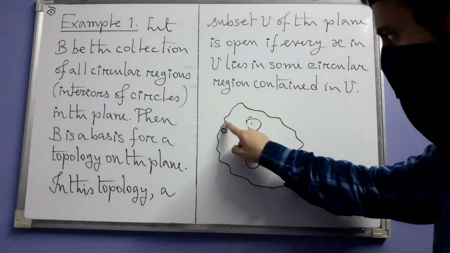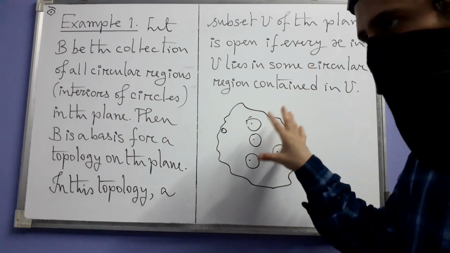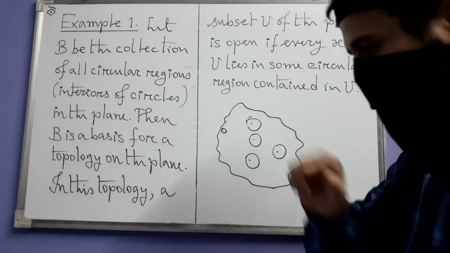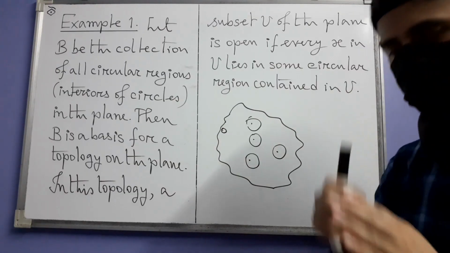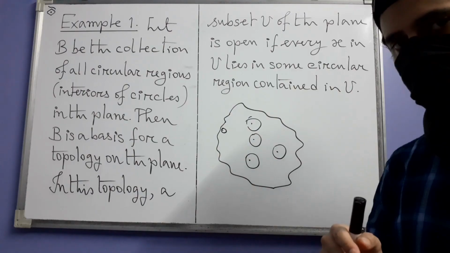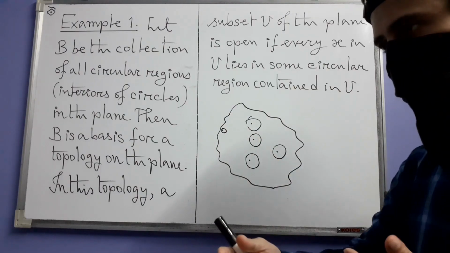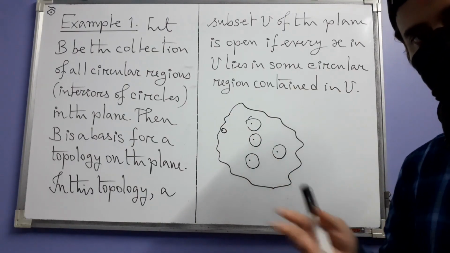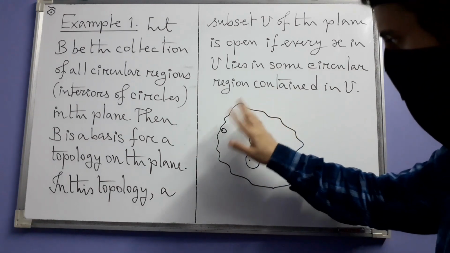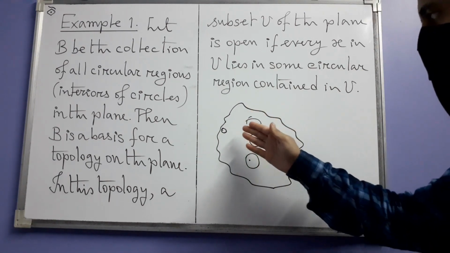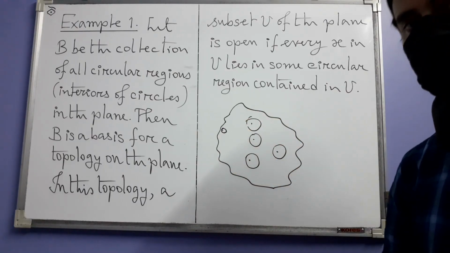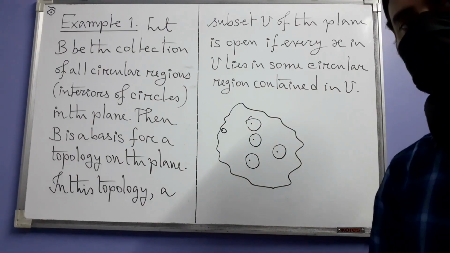Because the boundary itself is not a part of this set, you cannot choose a point to lie exactly on the boundary, so there will be some gap, and that gap can be used to draw a circle which will contain this point and will itself be entirely contained in this U. And that's why such ugly looking amoeba type of shapes also will be open in this topology.